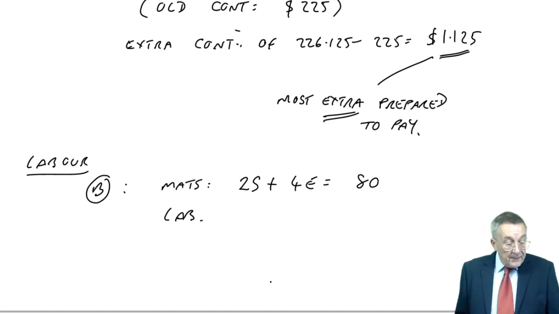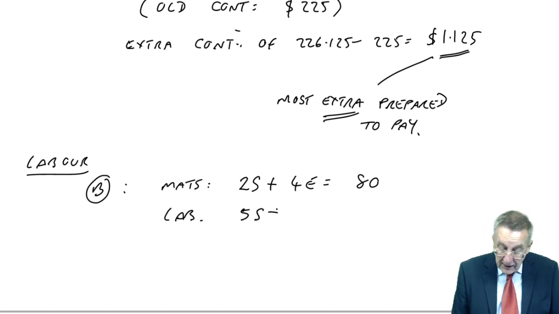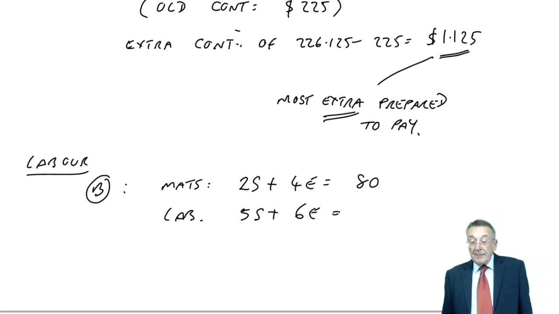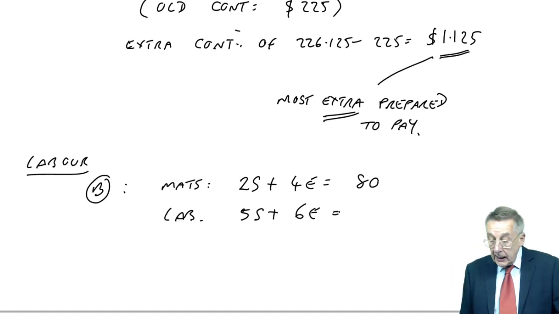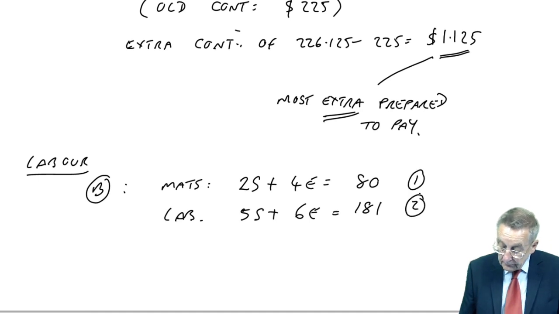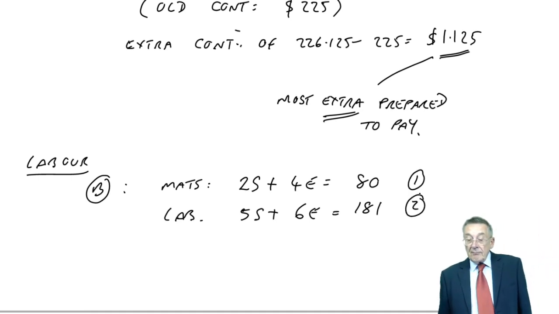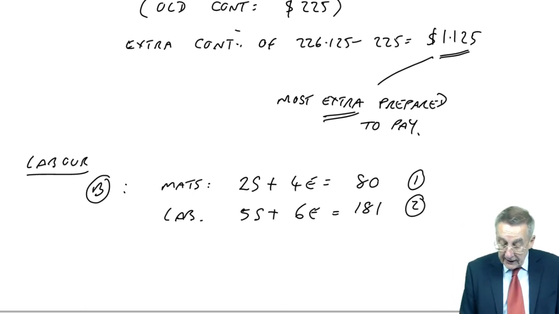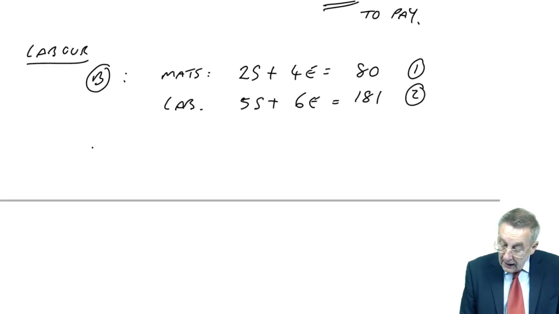The labour, it was 5s plus 6e. It was 180, but with one extra unit of labour, one extra hour of labour, that now becomes 181. Well, we've solved the equations twice now, so I'm not going to waste time on the third. I'll do it the same way as I was doing before.